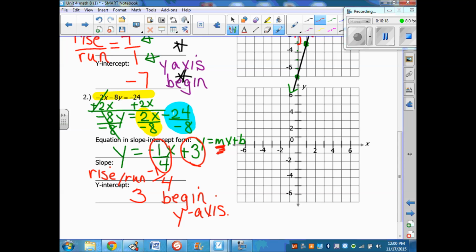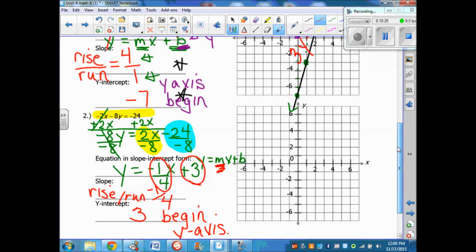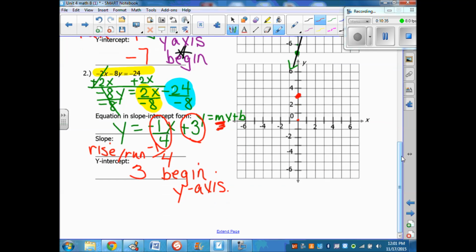So let's start at that beginning point on the y-axis. B for begin. So 3. So here's my center point, and I've got to go up 1, 2, 3. There's my beginning point. Now is when I start to do the rise over run. So if my slope is -1/4, that would indicate to me I'm going to have to go down 1 and to the right 4.